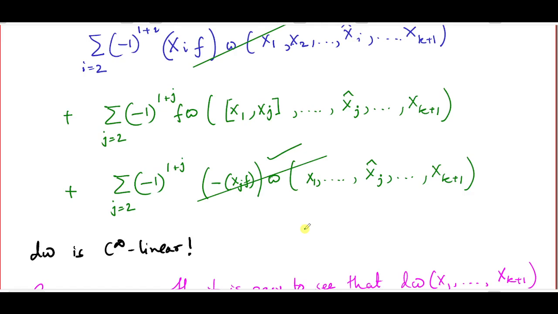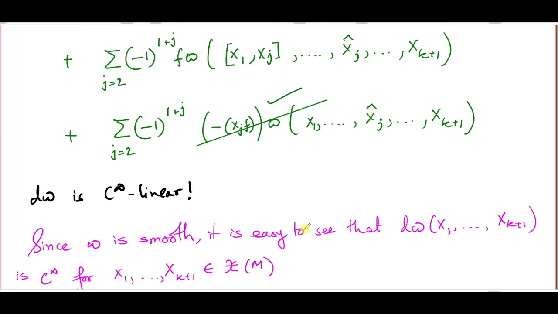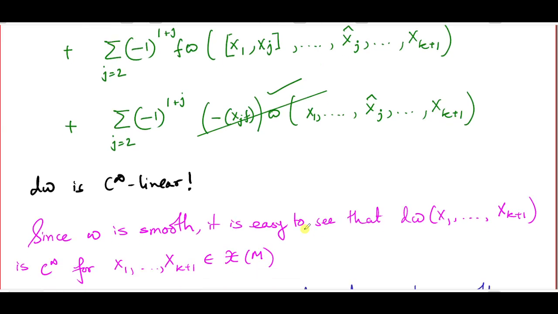There's only one small thing that's left, and that's showing that d omega is a smooth tensor field. Now, that follows immediately from the fact that omega is smooth, and if you look at the definition of d omega, in particular d omega acting on this bunch, you can easily see that on the right hand side you have either omega acting on a bunch of smooth vector fields or some smooth vector field acting on some smooth function, which you get when omega acts on them.